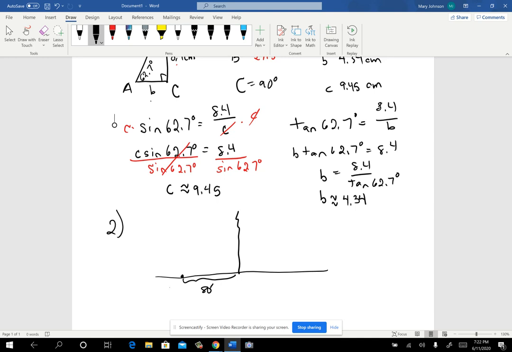So if you were to sight up to the top of the tower, this angle right here is 85.4 degrees. And then it asks us to approximate the height of the Eiffel Tower to the nearest foot. So we want what this is, to the nearest foot.